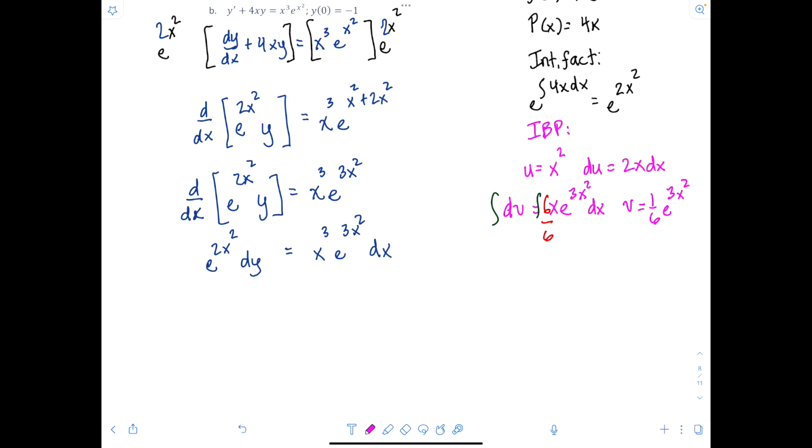So now, putting it together, the integration by parts, the integral of x cubed e to the 3x squared with respect to x equals u times v will give us x squared over 6 e to the 3x squared minus 1/6 integral v is e to the 3x squared du was 2x dx. Cool so far?